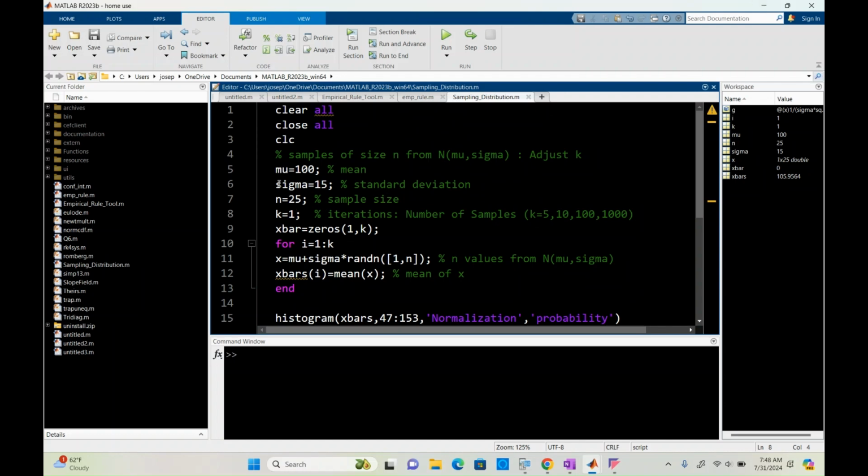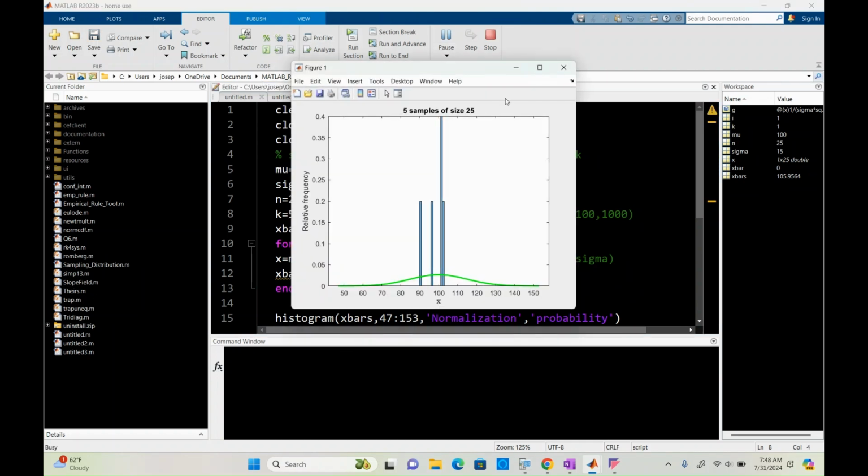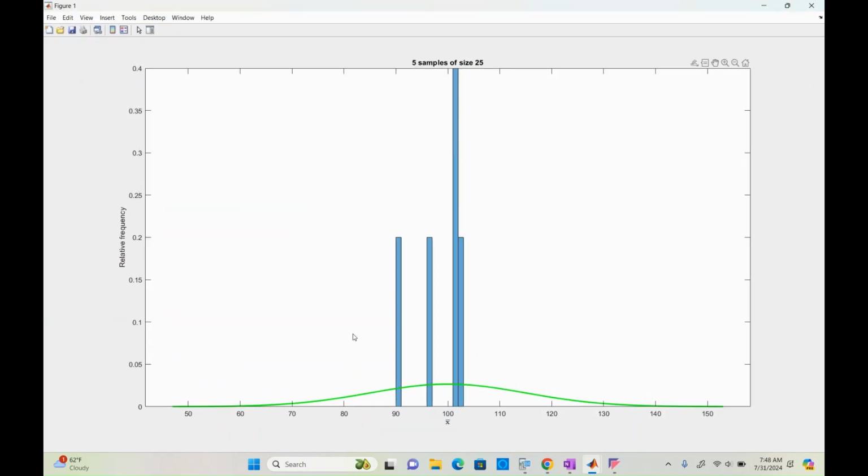So I'm going to bump this up a little more and try to explain it again. We'll go to 5. This time, it's as if I sent out 5 students and had them all survey 25 people, and then report back to me the mean IQ for their samples.